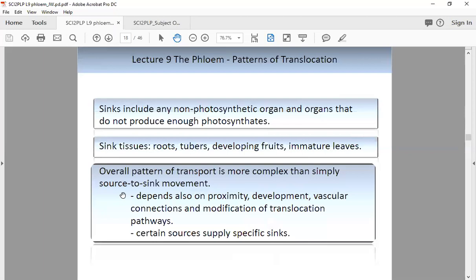But the pattern of transport depends on proximity of the actual source to the sink, the developmental stage, the vascular connections, modification of translocation pathways, and they've done some nice experiments to show that certain sources mostly supply specific sinks.